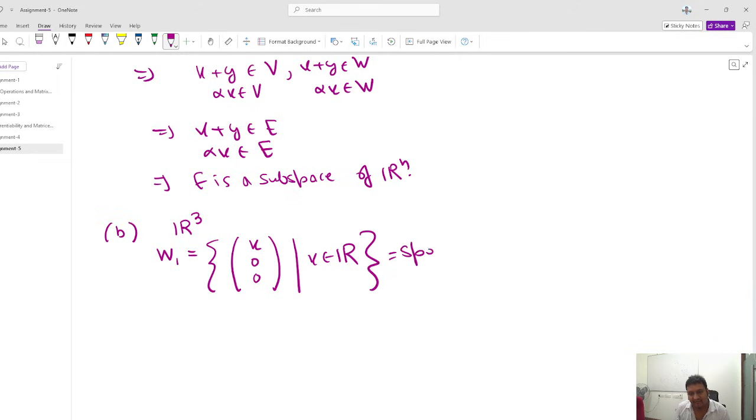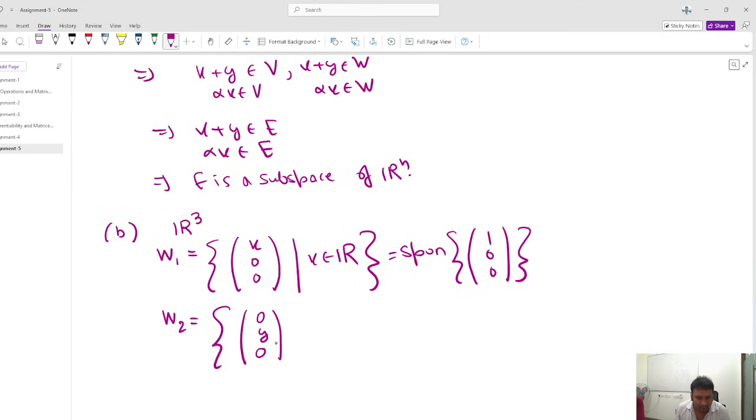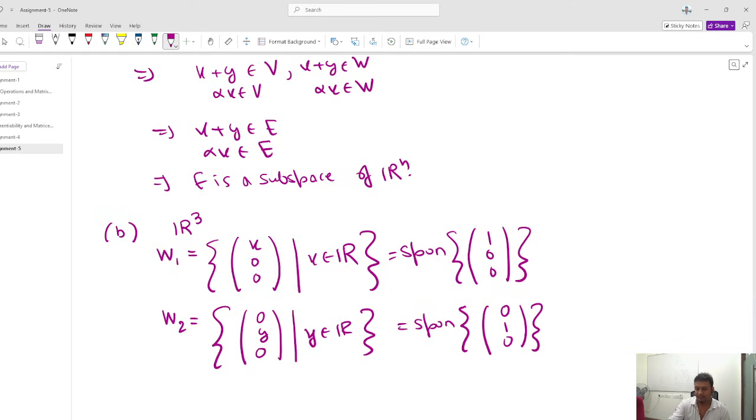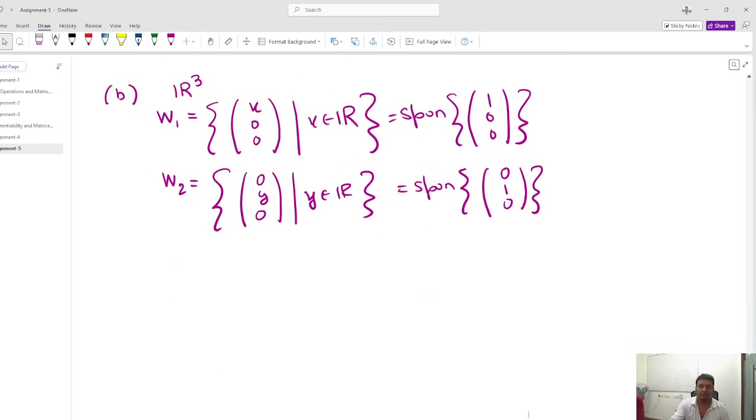Because this is the span of some vector, which vector? (1, 0, 0). Very nice. Let us take W2 to be (0, y, 0). So this is also a subspace. Why? Because this is the span of (0, 1, 0).